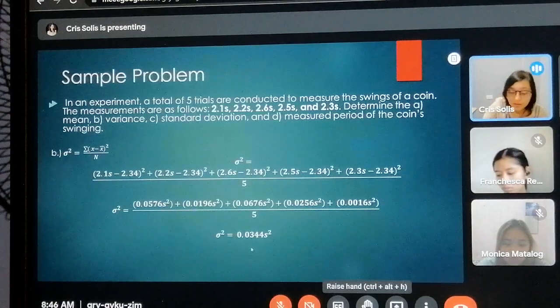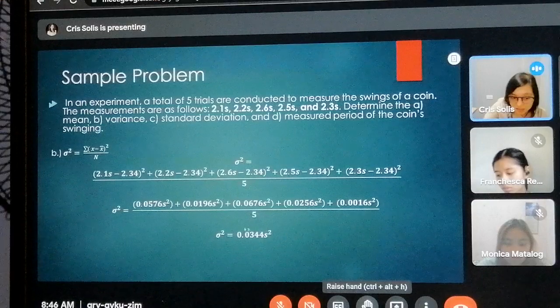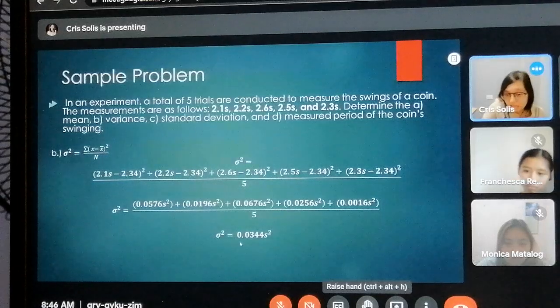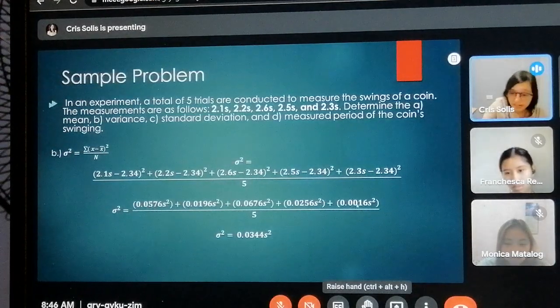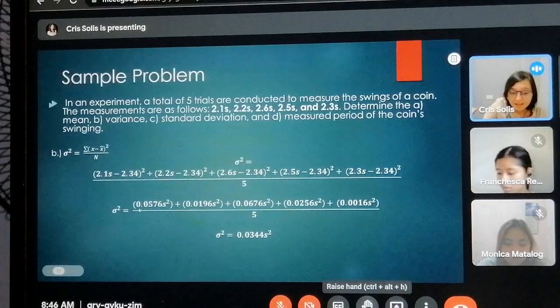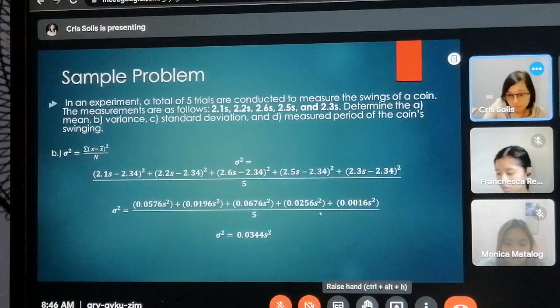Pero in our case, once we're in this area, you got your variance, na give me 2 decimal places na lang. Pero in this area, for your solution, don't round it off. Dito na lang sa last part, round off.